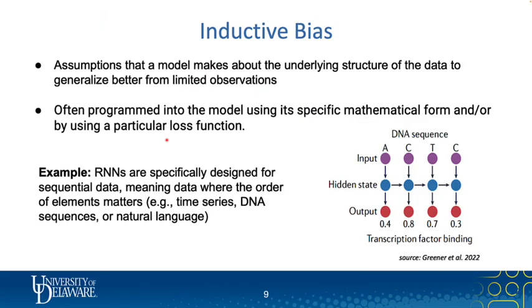Another concept we are going to introduce is inductive bias, and this is the assumptions that the model makes about the underlying structure of the data to generalize better from limited observations. So this is what inductive reasoning involves, forming generalizations from specific observations. But a single observation can theoretically support an infinite number of hypotheses.